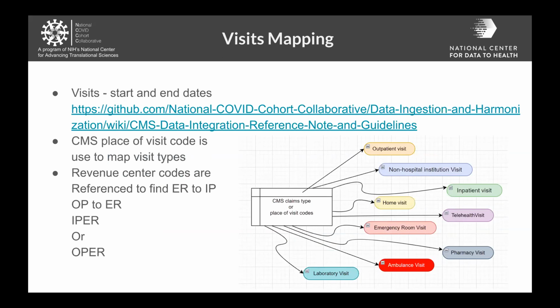There are some laboratory visits as well. And then we do make the distinction between whether a person became inpatient from an outpatient setting and whether a person got admitted to inpatient from an emergency visit. So those visit types do get reflected in the data.